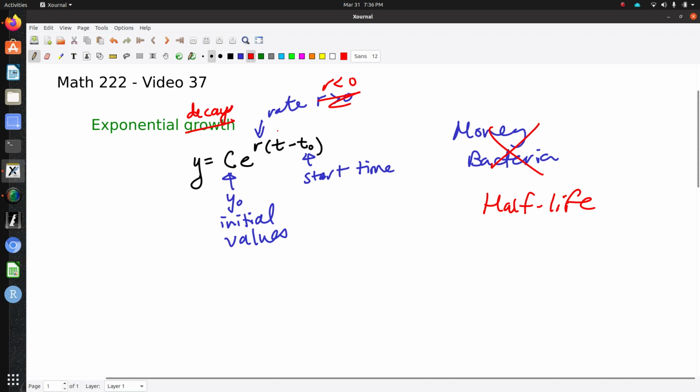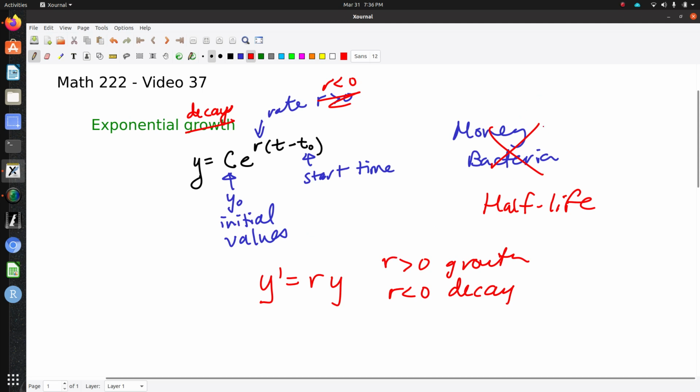And in both of those cases, your model is going to look like y prime equals ry. So if r is positive, then you have a growth, and if r is negative, you have a decay. Okay, so that's what you've got.